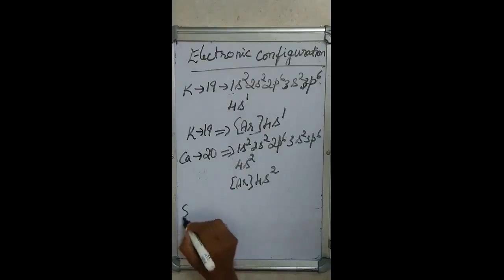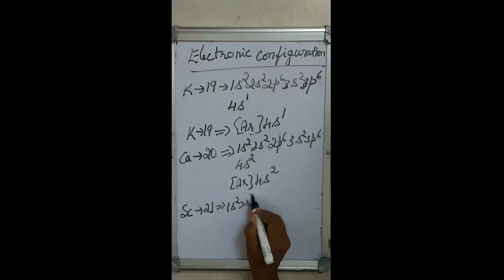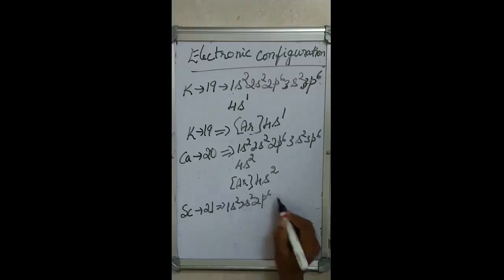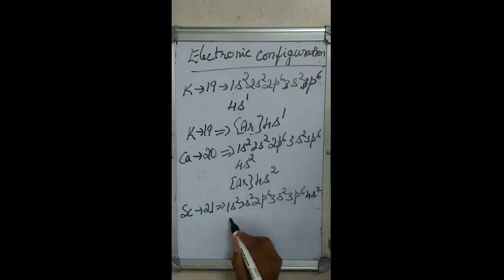Next it is scandium, atomic number 21: 1s2, 2s2, 2p6, 3s2, 3p6, 4s2. Up to here it is 20. Now it comes as 3d1. This is 3d1.